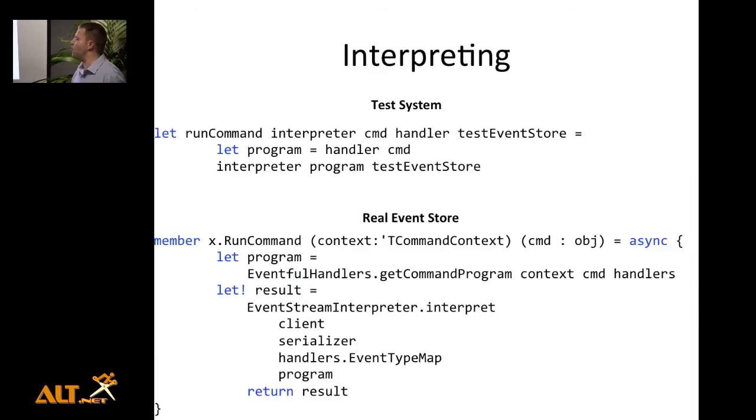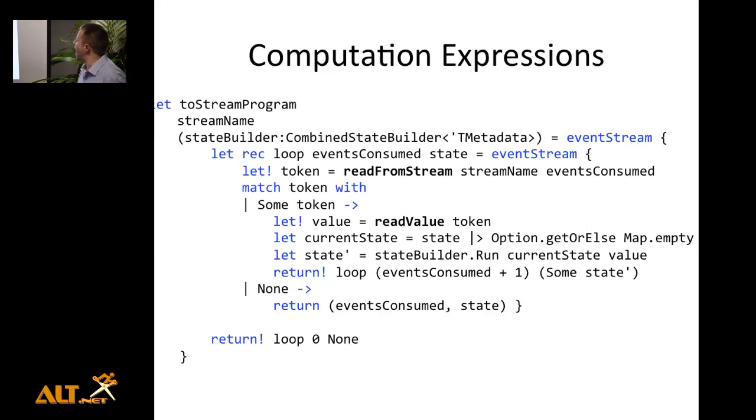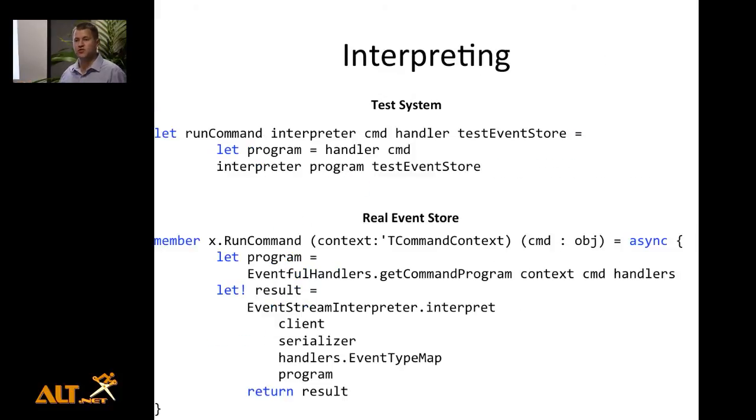This code runs in both that FsCheck test and in our production code. And the way it does that is because of computation expressions, we can actually write two different interpreters for our computation expression. One is used in testing, and each interpreter, I should say, is about 100 lines of code. It's not a huge amount of code, and it's basically one big pattern match.